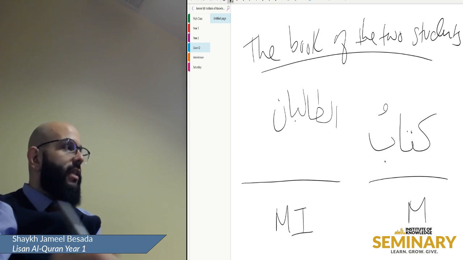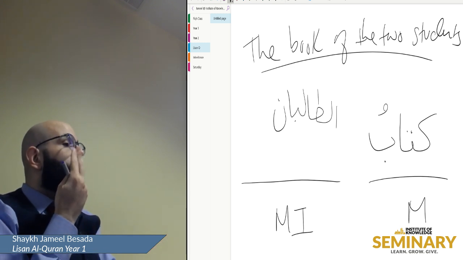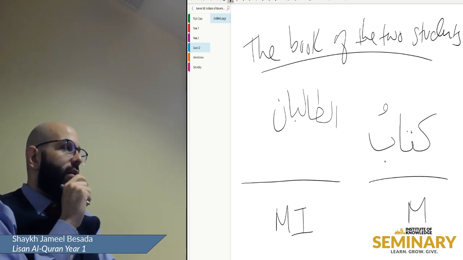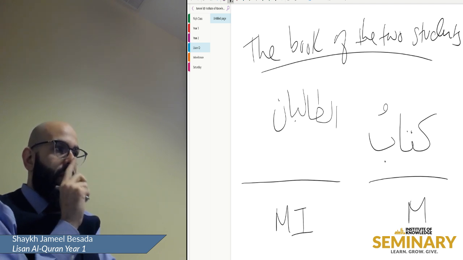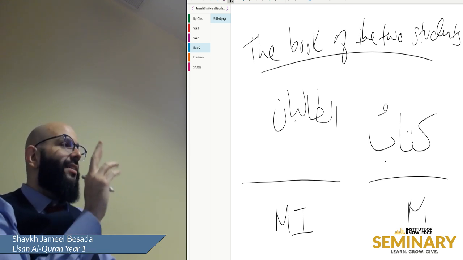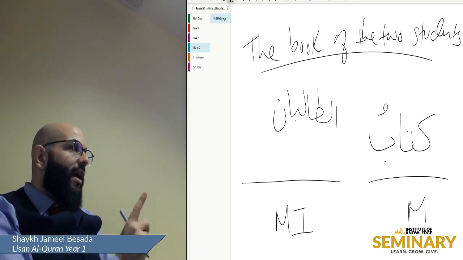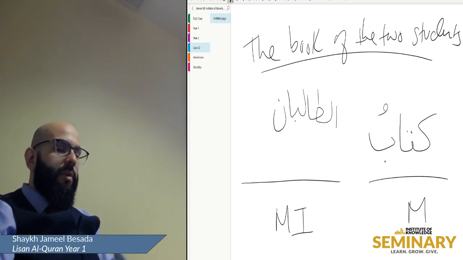What is our one condition of the mudaf ilay? Be in a state of jar. How does the dual express its state of jar? The alif is for rafa and then ya is for nasab and jar. So at-talibani should be what? At-talibaini.